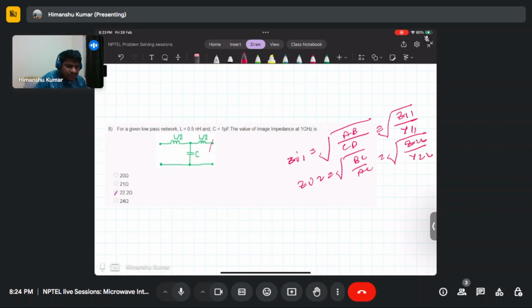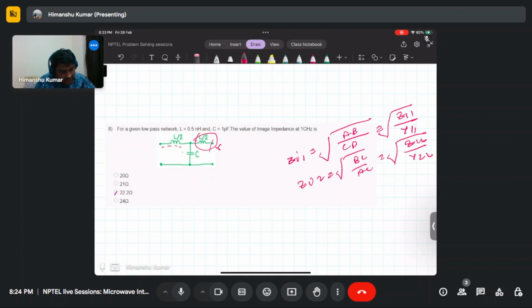So you need to calculate Z11, Y11, Z22, Y22. To calculate Z11, you need to open this port, which means the other part will be ineffective.